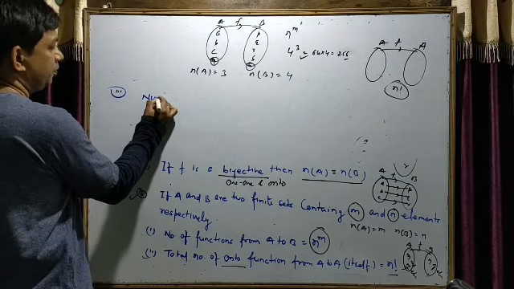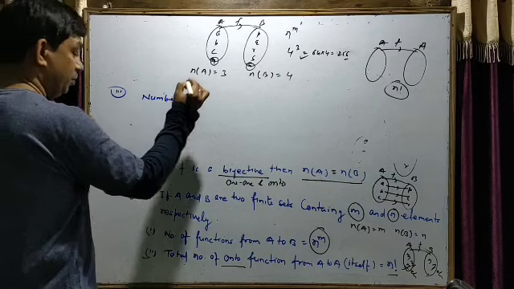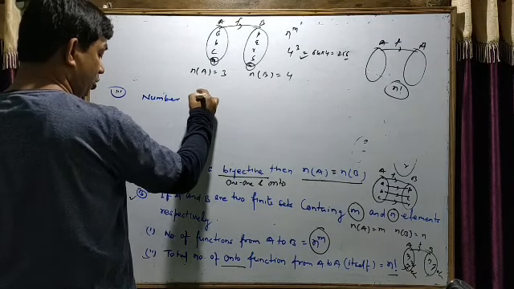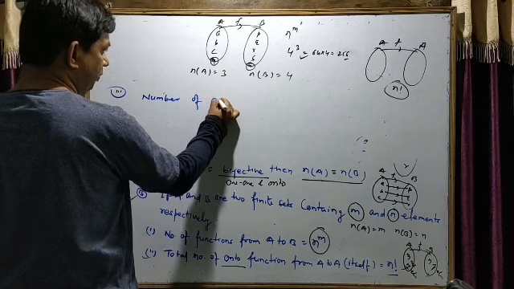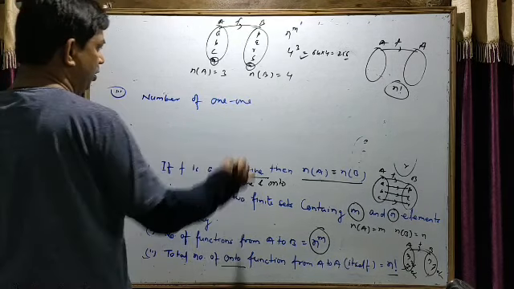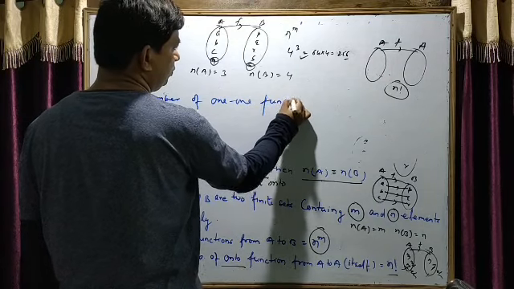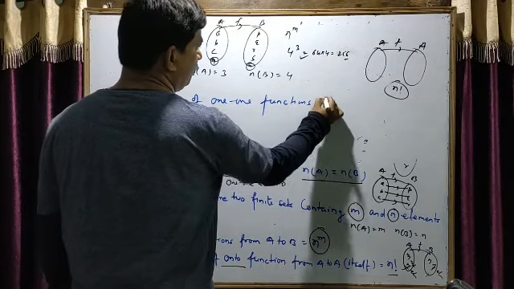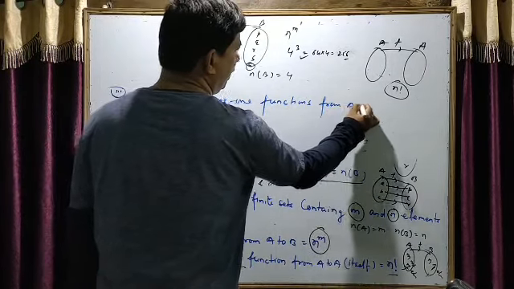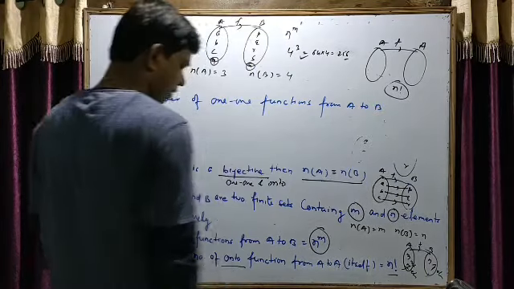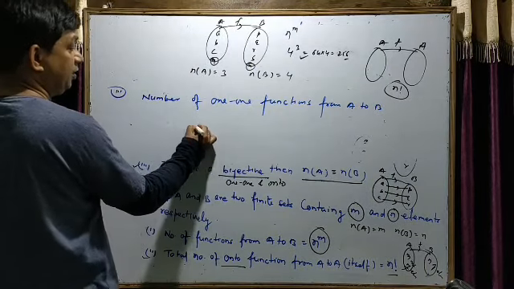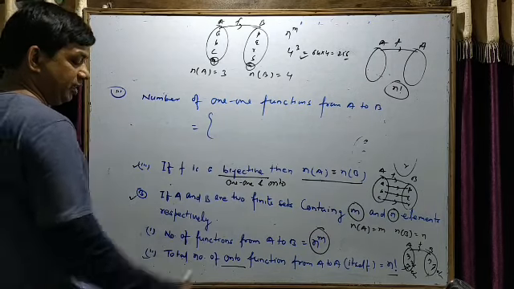Number of one-one functions from A to B. It has two conditions.